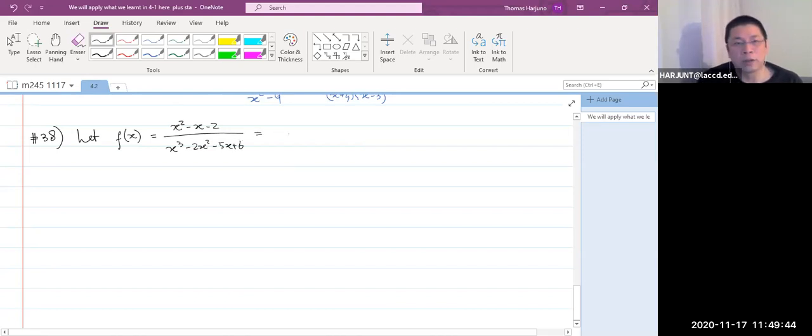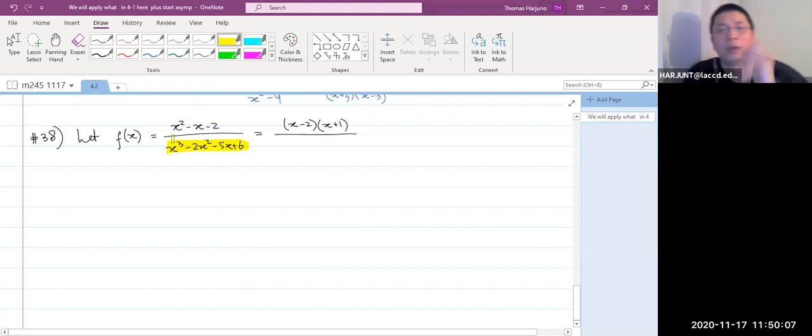I know how to factor the top, but I don't know how to factor the denominator. How do we do that? Well, the denominator is a polynomial, remember? And to factor a polynomial, you come into play finding the zeros.